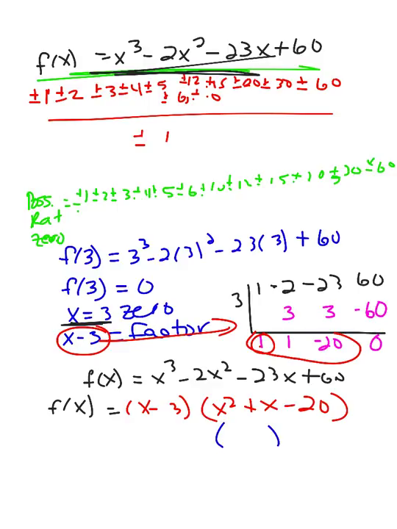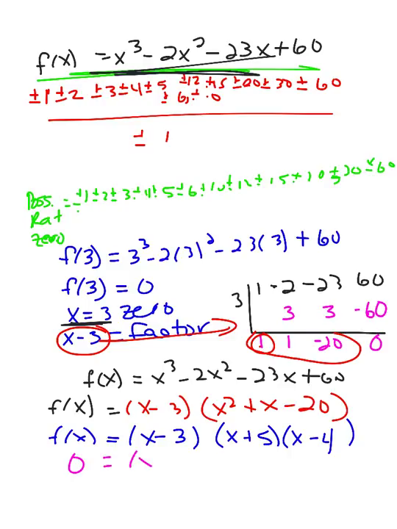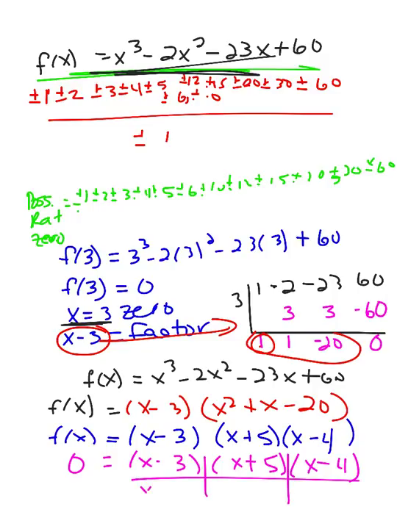So I'll bring down the x minus 3, and I get x and x, with positive 5 and negative 4. Now I have to find my zeros, so I make f of x equals 0 and make my t-chart. So I get x equals 3, x equals negative 5, and x equals 4. Those are my zeros. Okay, so let's take a look at 5b.